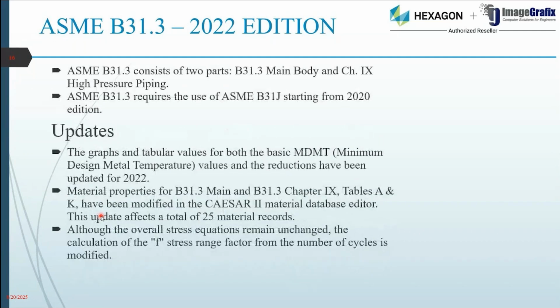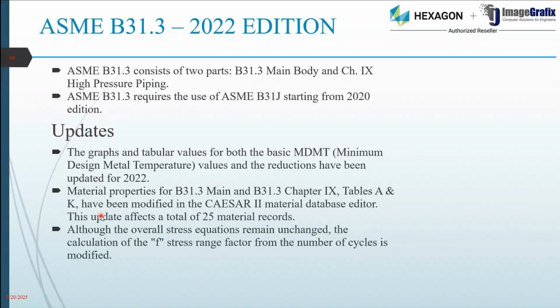Then there has been some major updation in B31.3 also, which consists of two parts, B31.3 main body and Chapter 9 for high pressure piping. It requires the use of B31J starting from the 2022 edition, so that's mandatory. The graphs and tabular values for both the basic MDMT values and reductions have been updated in the 2022 edition.